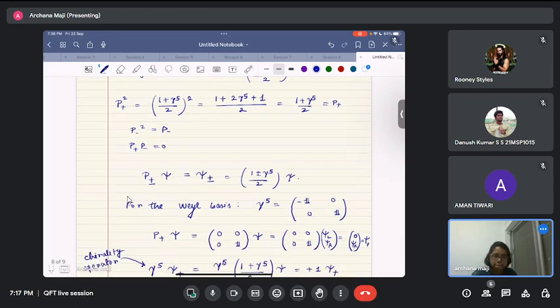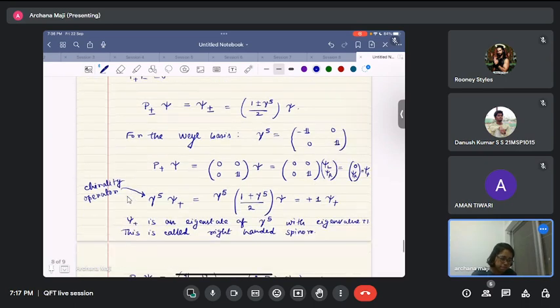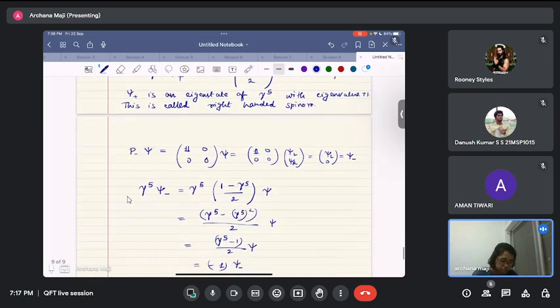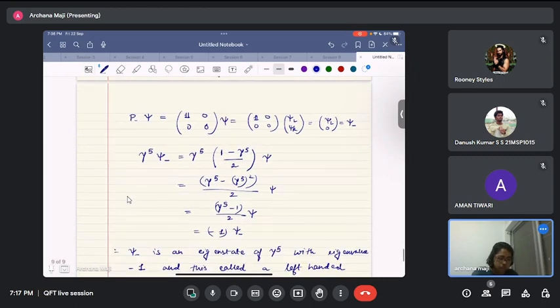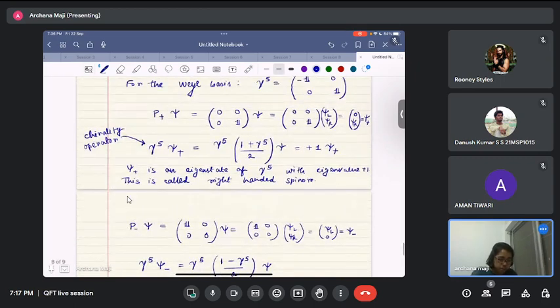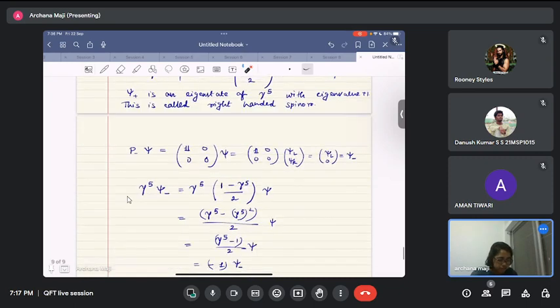Psi plus will be the right-handed spinor, psi minus will be the left-handed spinor. And with the choice of basis that we have made, P plus projects onto psi R, which is the 2-component Weyl spinor, and P minus projects onto psi L, which is again the 2-component Weyl spinor, which satisfies the Weyl equation in the massless limit. Are there any questions?